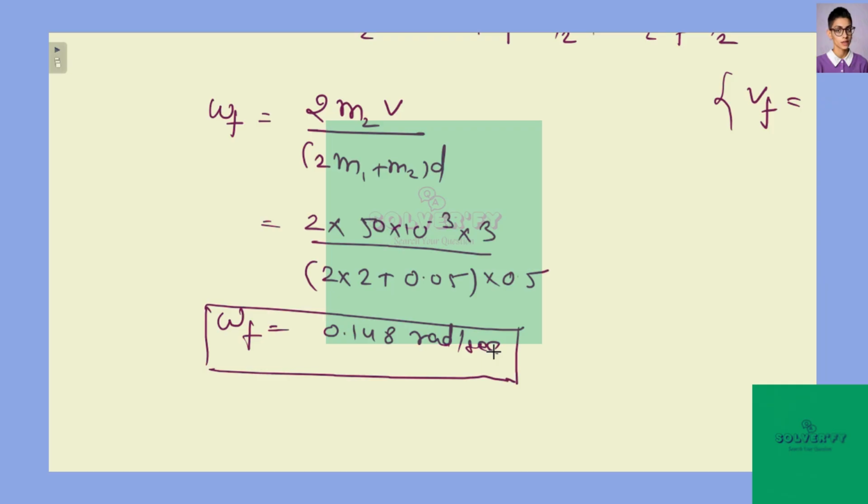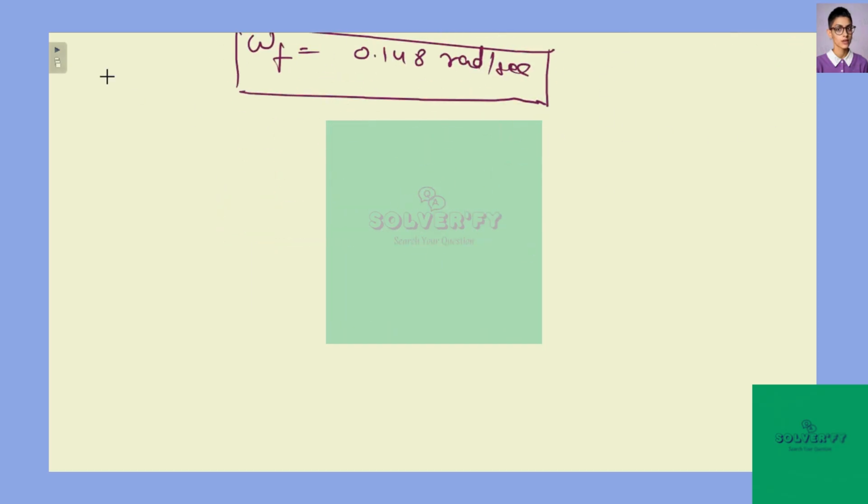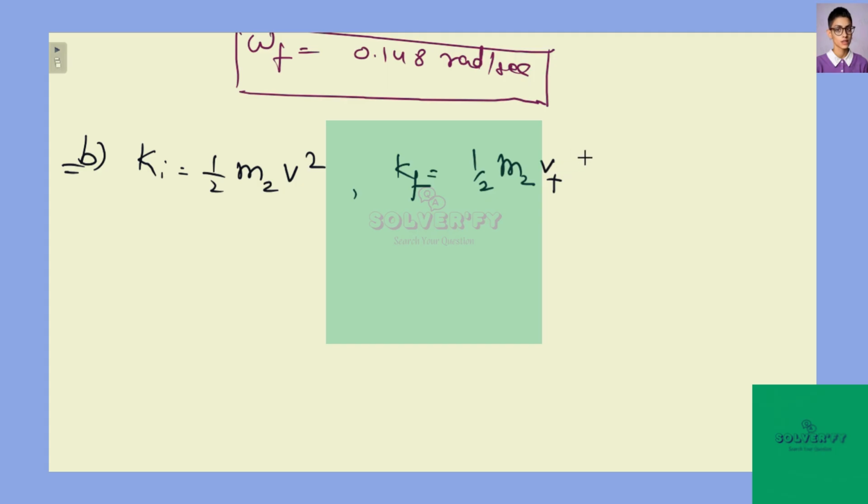Now in the second part we have to find the ratio of the kinetic energy of the system after the collision to that of the putty just before. The initial kinetic energy is half of m2 into v square, and the final kinetic energy is the kinetic energy of the putty plus the kinetic energy of the balls, 2 times half of m1 v final square.